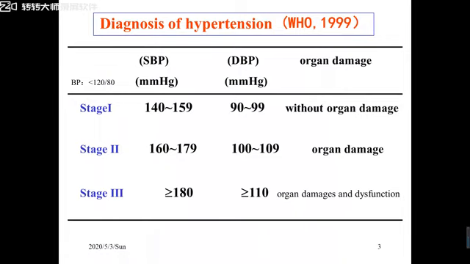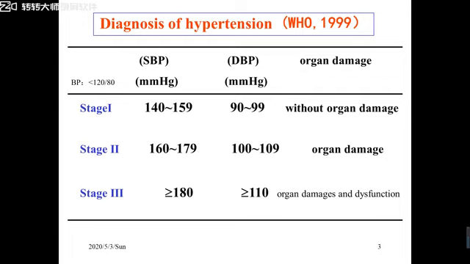How to diagnose hypertension? We divide hypertension into three stages. The first stage, mild patients: the patient's systolic blood pressure is from 140 to 159 mmHg, and their diastolic blood pressure from 90 to 99 mmHg.